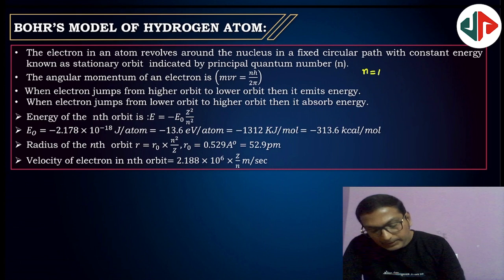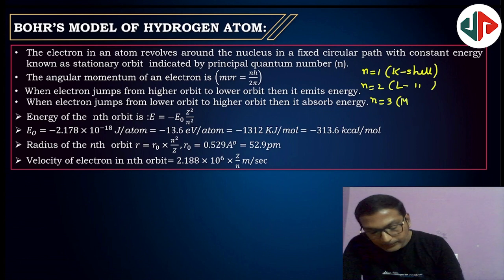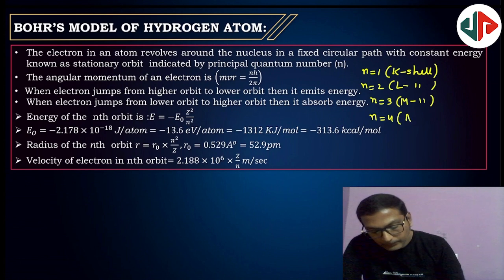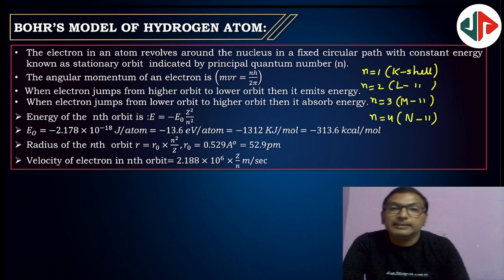If n equals 1, which is the first orbit, K shell. n equals 2, L shell. n equals 3, M shell. n equals 4, N shell, like that.